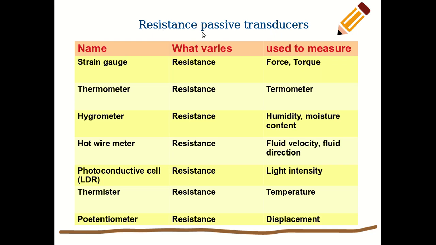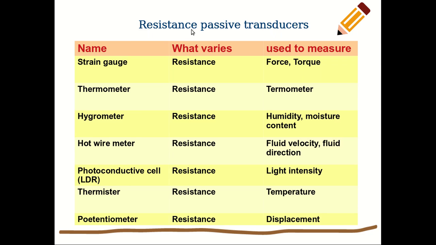In the case of the resistance passive transducer, it is the resistance that varies when the input signal is converted into the output signal. There are various examples like strain gauge, thermometer, hygrometer, hot wire meter, photoconductive cell, that is light dependent resistance, thermistor, potentiometer.